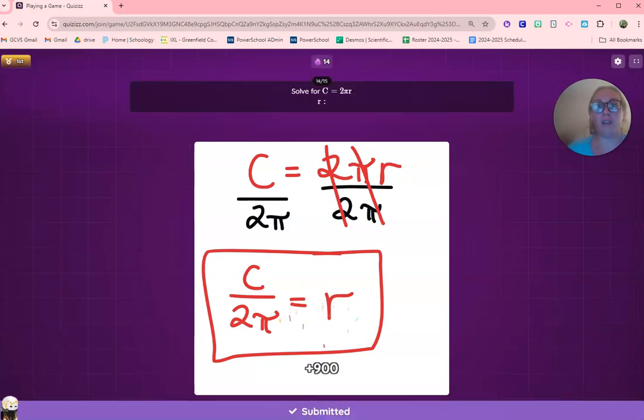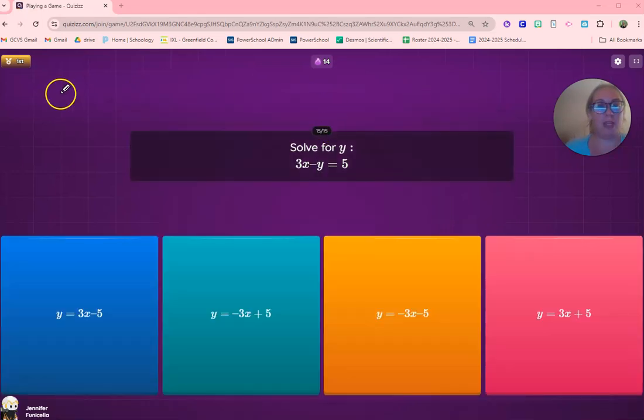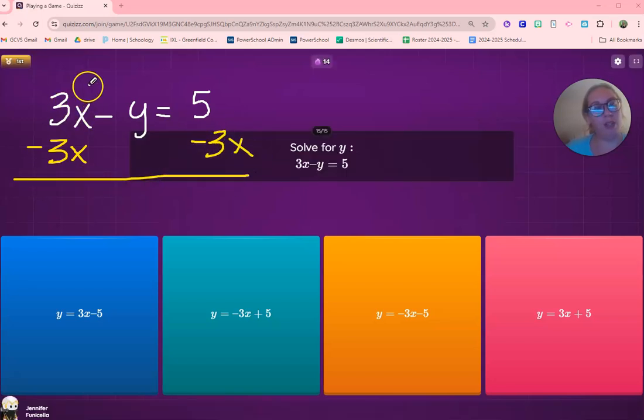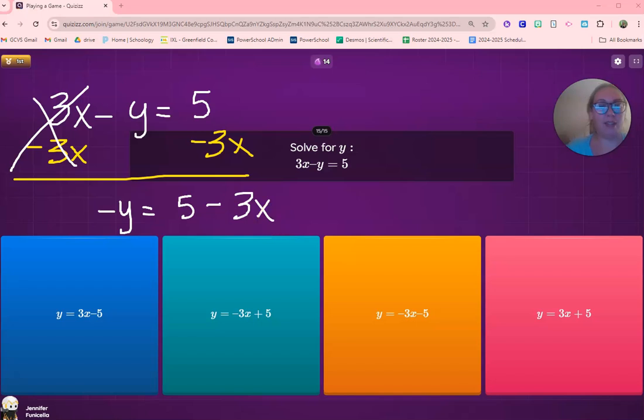And our final question here on the Quizizz is 3x minus y equals 5, and we're solving for y. So we're going to subtract 3x on both sides. 3x minus 3x is 0, and we have a negative y equals 5 minus 3x.